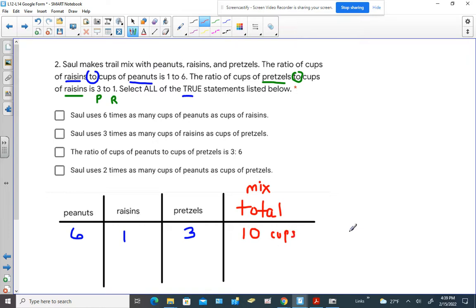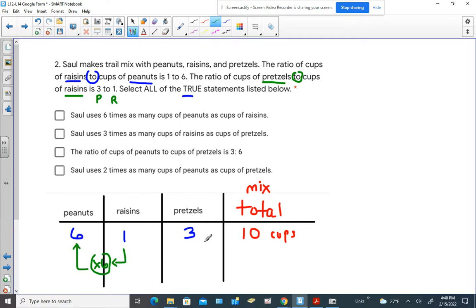All right, so now let's interpret what we have here on the page. Let's see if this is true. Saul uses 6 times as many cups of peanuts as cups of raisins. So what he's saying is that we take the raisin number and multiply that by 6. And does that give us this number?